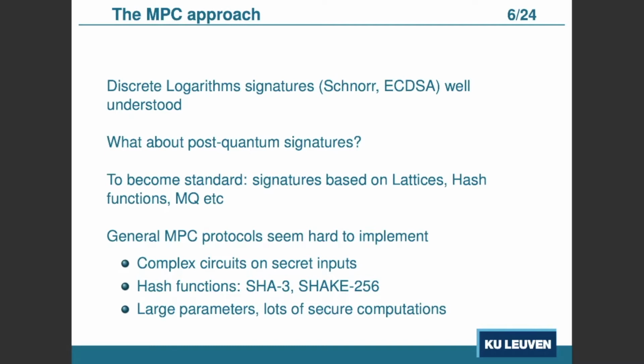There is a standardization process going on for this, but unfortunately all the candidate schemes seem to be very hard to do in MPC, at least for general MPC techniques. This difficulty comes from a number of aspects: the use of hash functions that were not designed to be executed over secret shared data, a mixture of bitwise and algebraic operations that require different MPC techniques, while switching between them is still not practical.